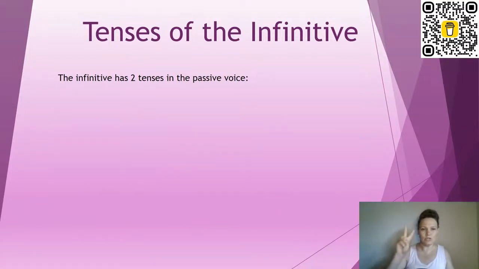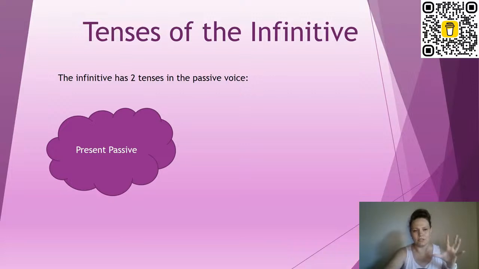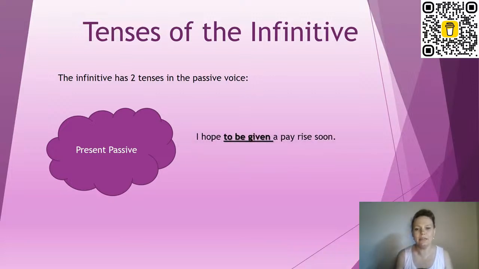And there are 2 tenses of the infinitive in the passive voice. In case you have any questions, feel free to post them in the comments and I will stop and give more details if needed. So, the passive voice. There is the form of the present passive. I hope to be given a pay rise soon.